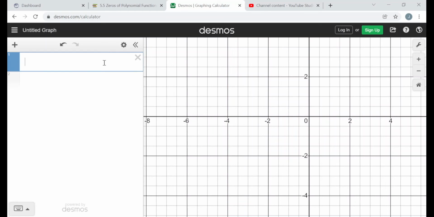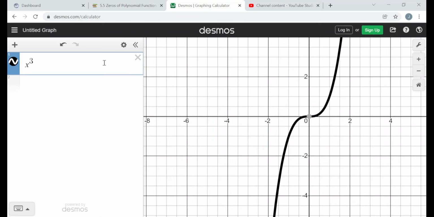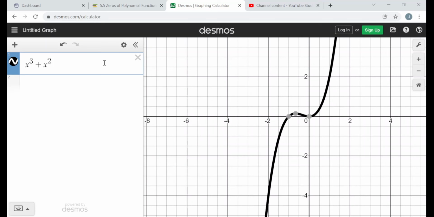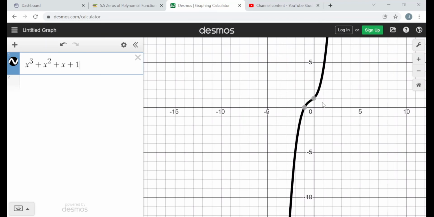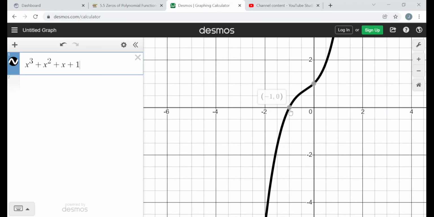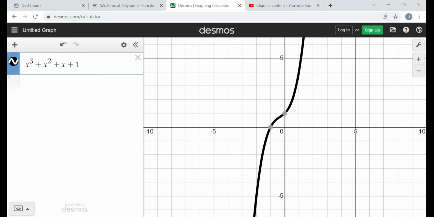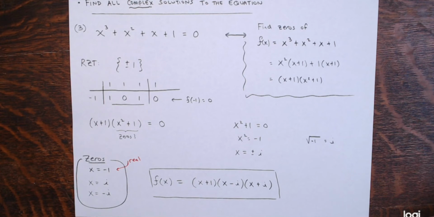So the polynomial function here, y equals x cubed plus x squared plus x plus 1. And you see how the graph, zooming out, only hits the x-axis at one point, and that's this point here at x equals negative 1. That was our only real zero, and we're seeing that in the graph. All right. Great.